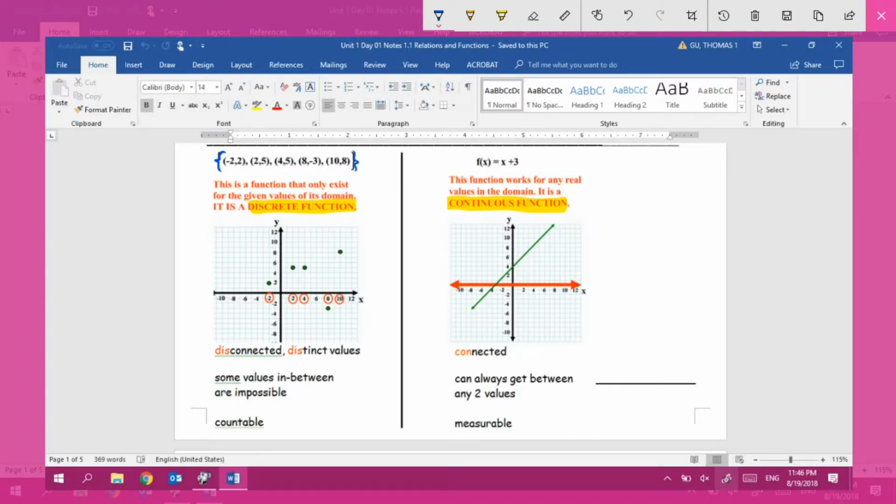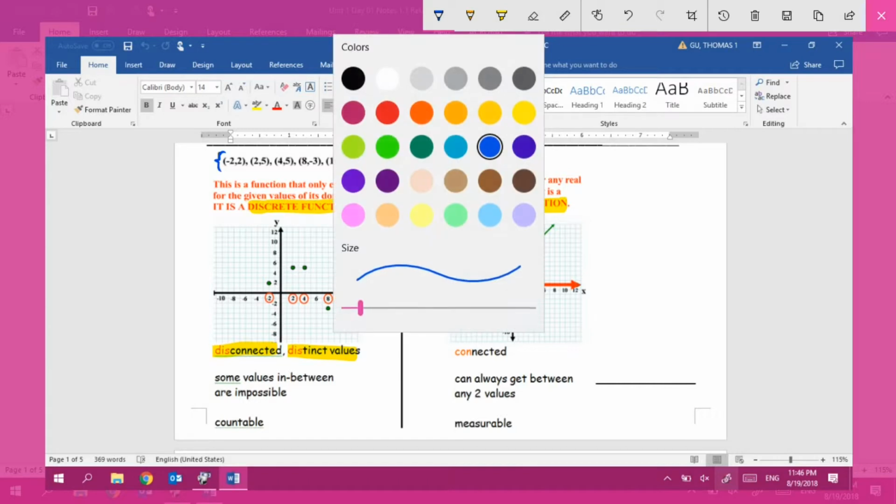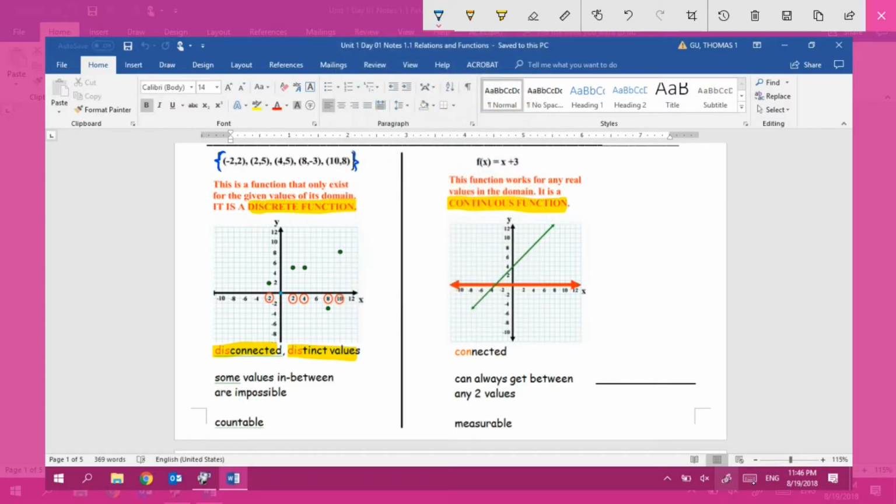A discrete function is a function that only exists for the given values of its domain. In other words, it's disconnected. It's got distinct values. You see, our points are (-2, 2), (2, 5), (4, 5), (8, -3), and (10, 8). All these other points, there's nothing there. When I see x is 0, is there even a y there?